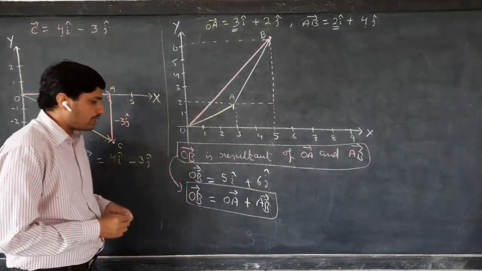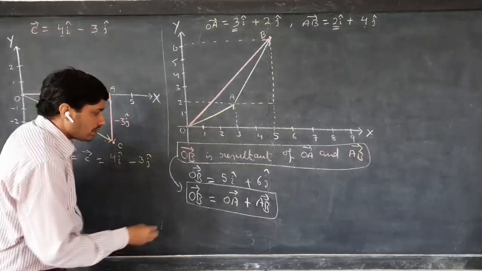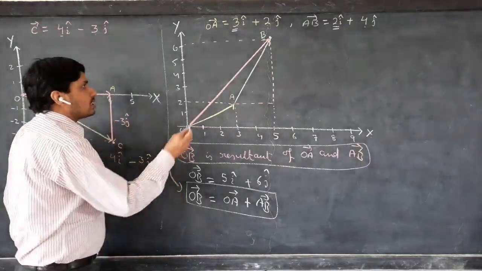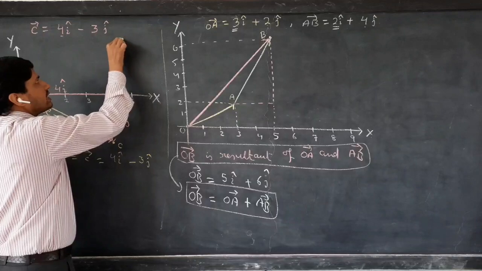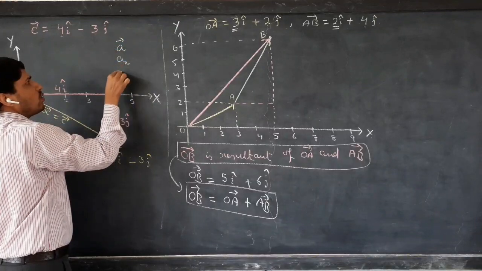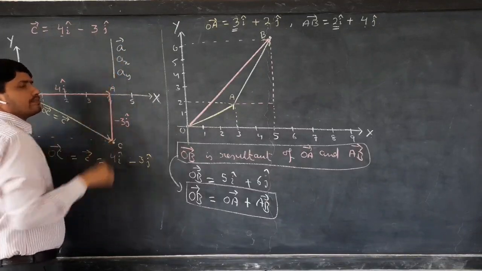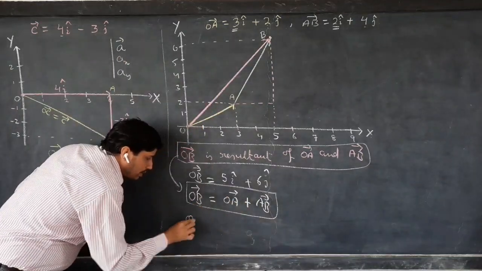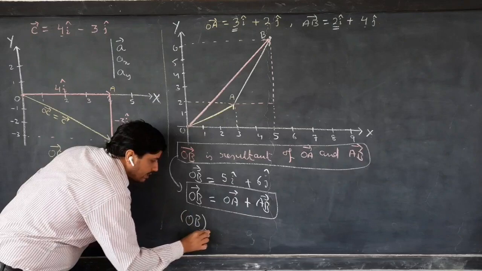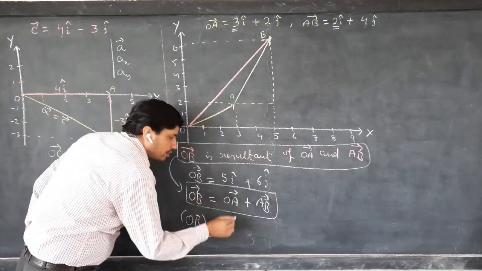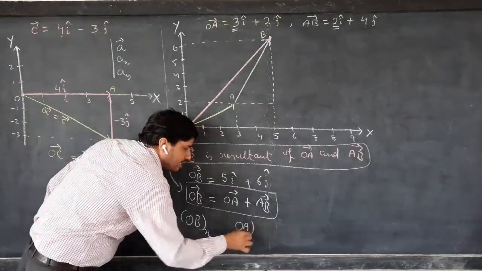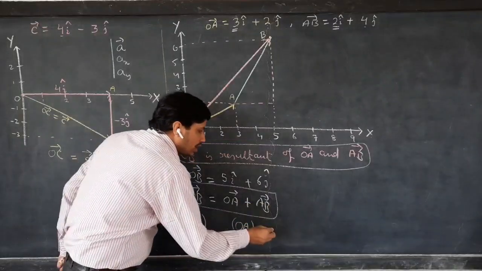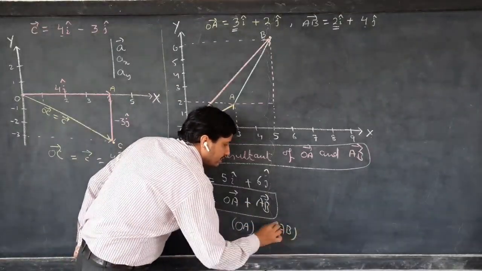And if you see carefully, I'll use this notation. Suppose I have a vector A, its x component I'll write as AX, y component I'll write as AY. The x component of OB I'll write as OBX, the x component of OA as OAX, and the x component of AB as ABX.